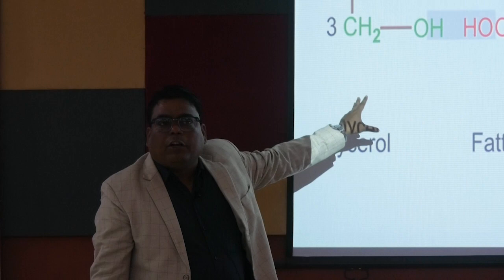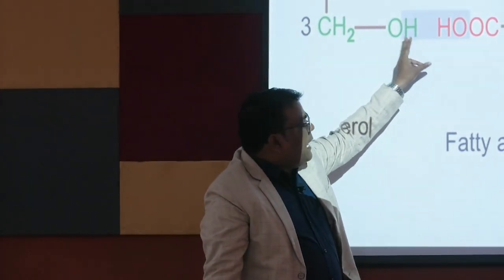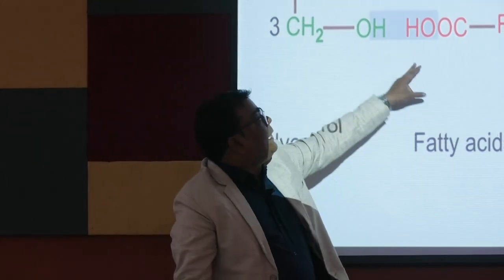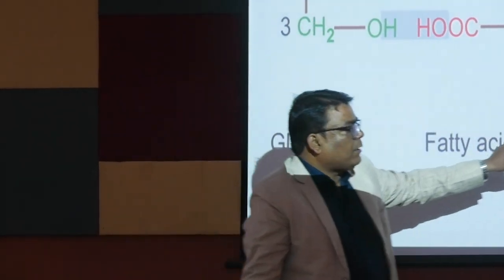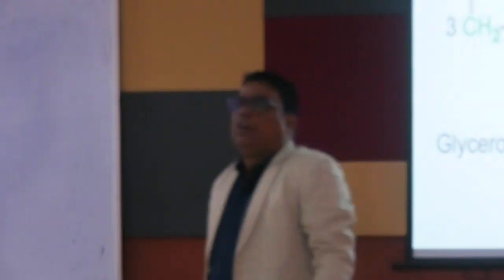It contains 3 carbon molecules with alcoholic groups, and with attachment of fatty acids it forms TG. We call it triglyceride or triacylglycerol. And these forms become stored in the adipose tissues.